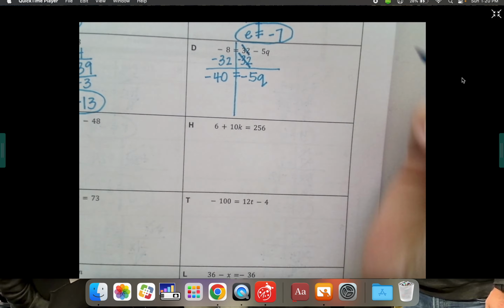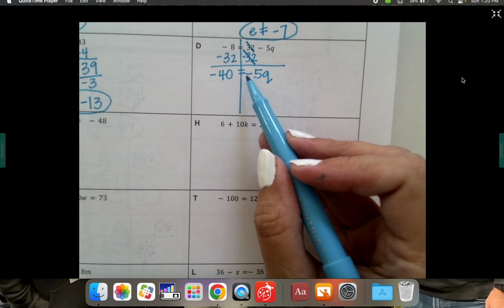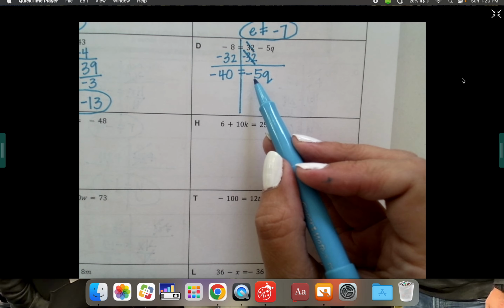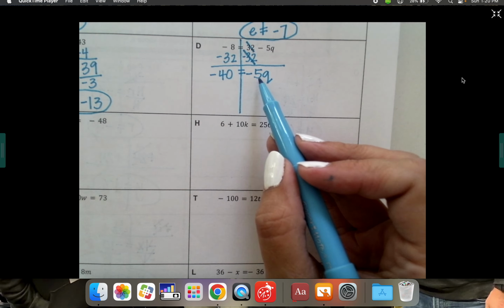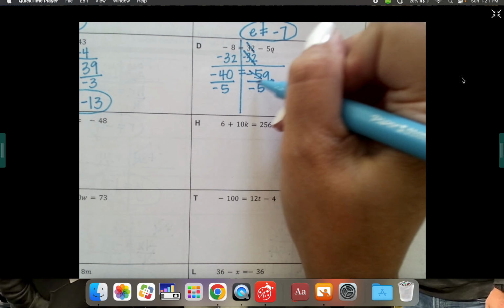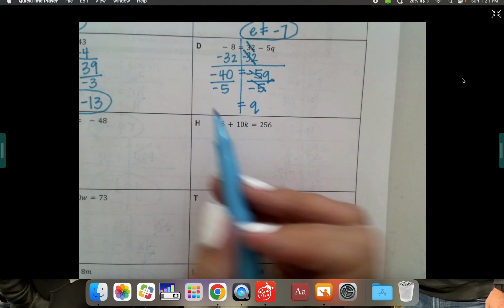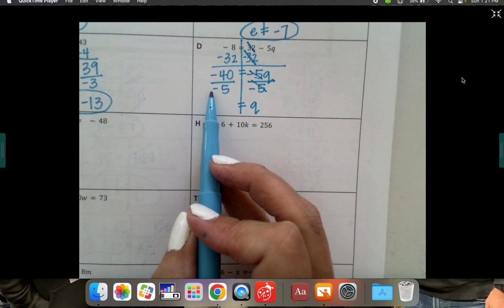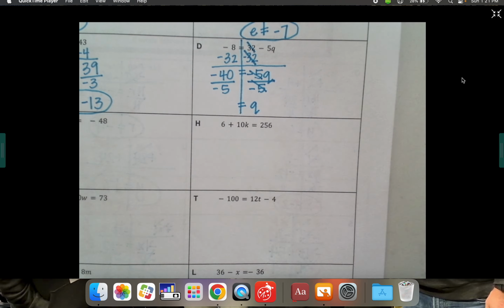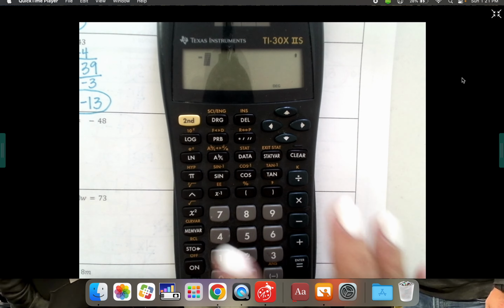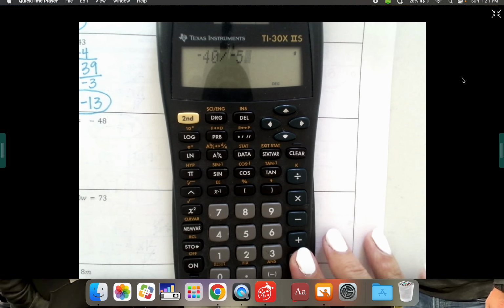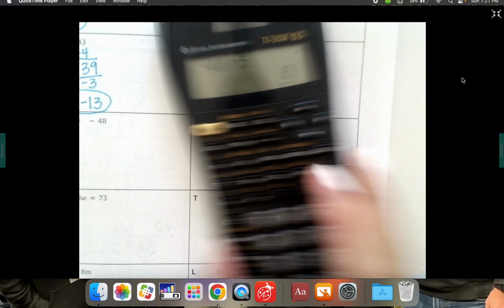All right, and now the last step, I'm sure you know, we're not going to add 5. q is being multiplied by -5, so we're going to divide by -5 on both sides. Therefore, they cancel out over here, leaving q by itself. And on the left, negative divided by negative, I know it's going to be a positive. -40 divided by -5 is +8.